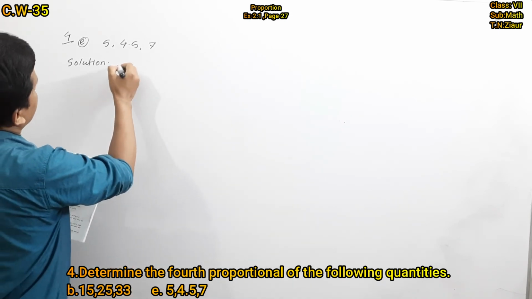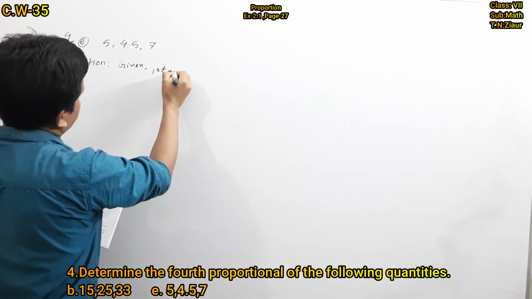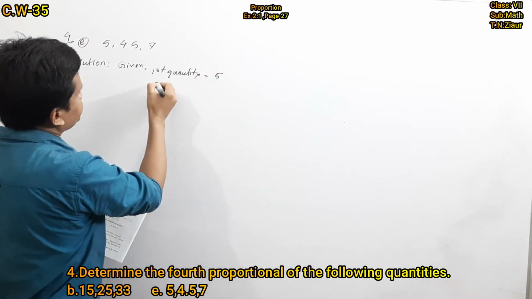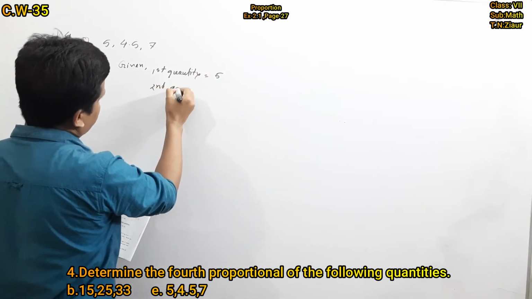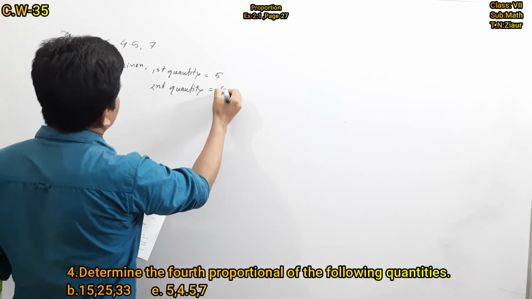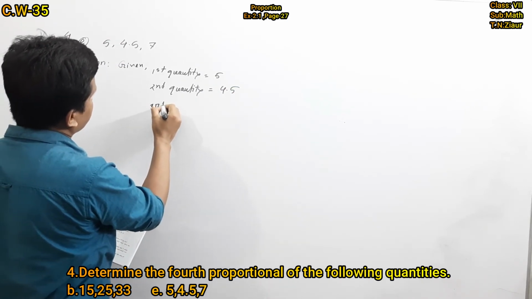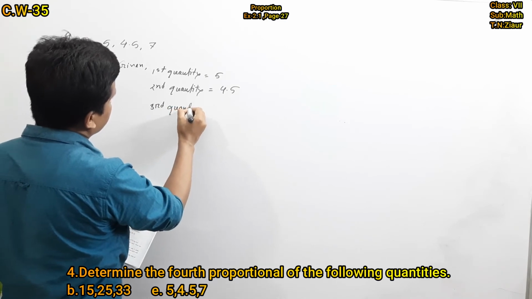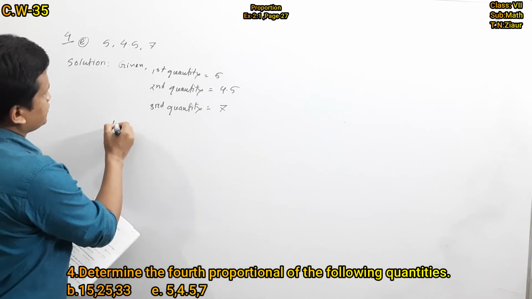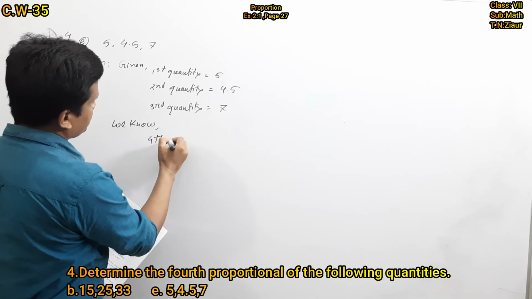So just write here, given first quantity is equal to 5, second quantity is equal to 4.5, okay, and third quantity is equal to 7.